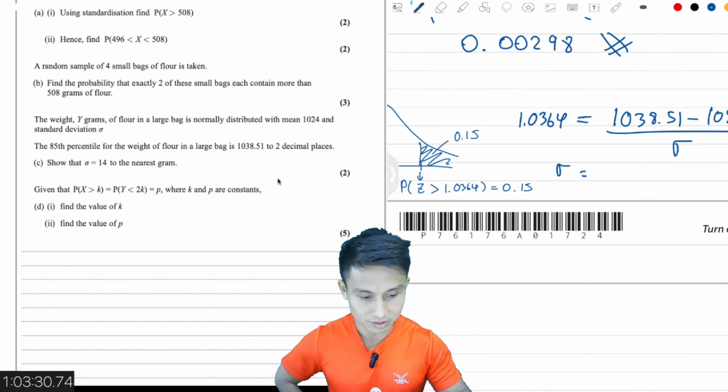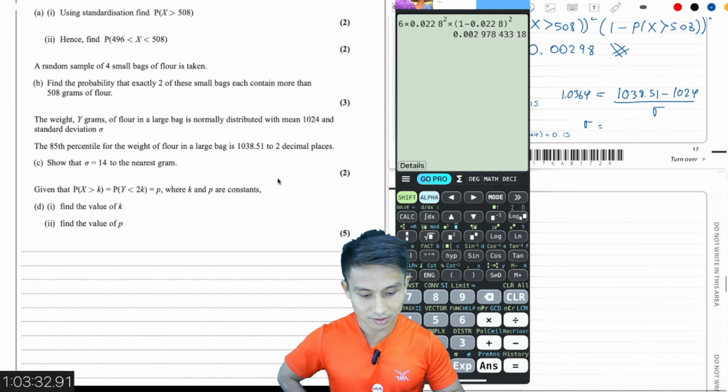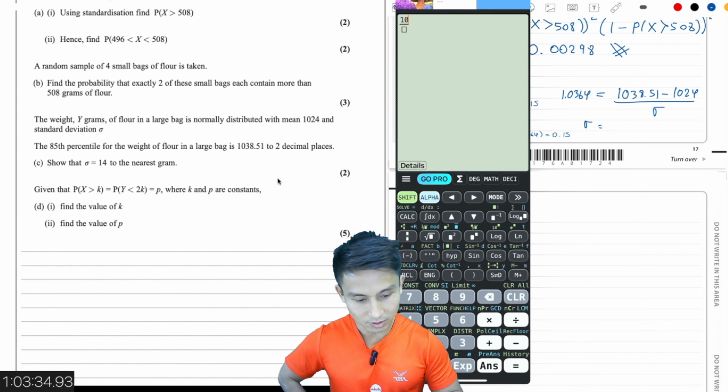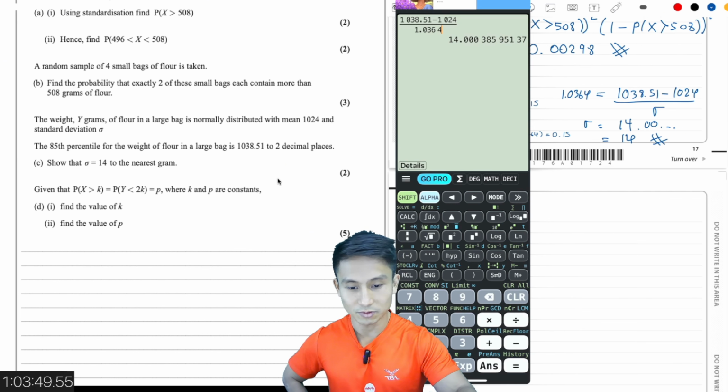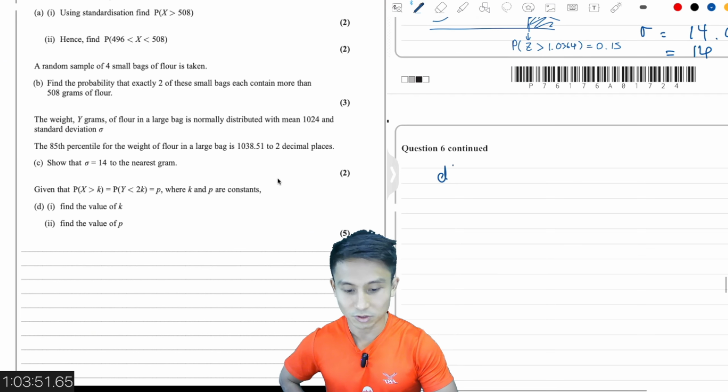So sigma is just equal to, solving that equation there, 1038.51 minus 1024 divided by 1.0364. So that's 14-ish. So equal 14, to the nearest gram. All right, so that's as required.